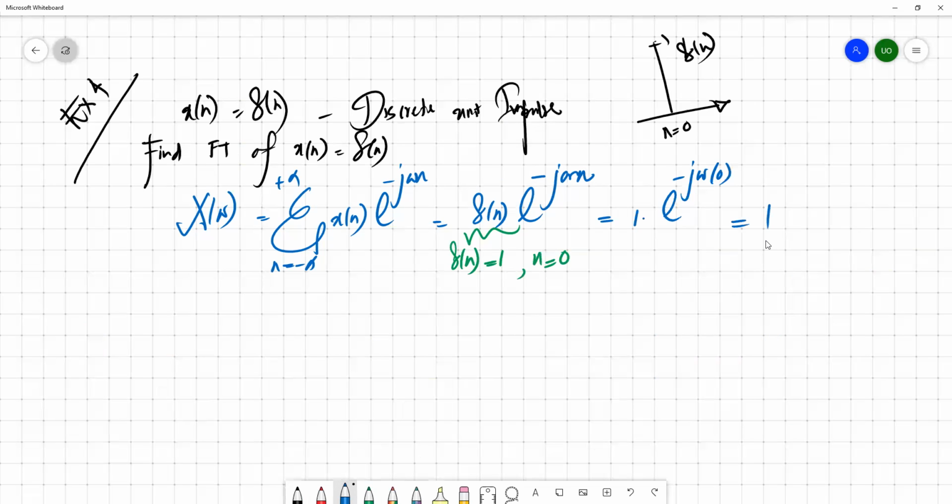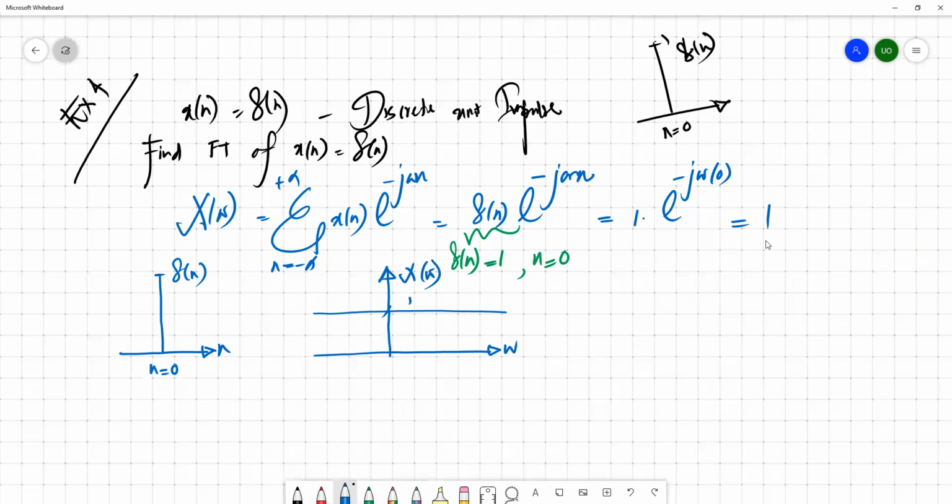So if you plot it, this is your discrete signal, and this is the corresponding Fourier transform. This is the time domain representation, and this is the frequency domain.